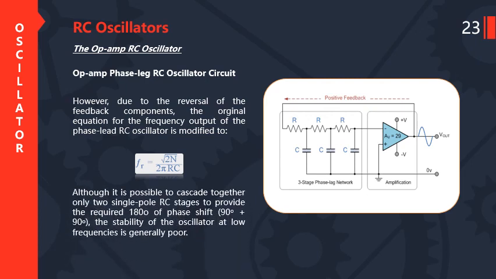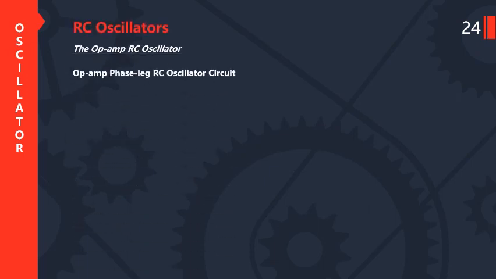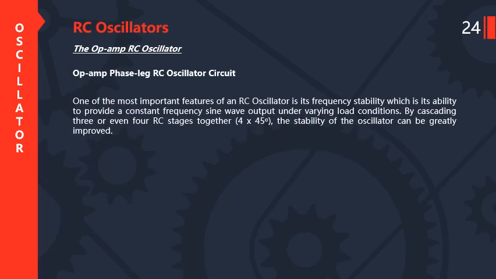Although it is possible to cascade together only two single pole RC stages to provide the required 180 degrees of phase shift, the stability of the oscillator at low frequency is generally poor. One of the most important features of the RC oscillator is its frequency stability, which is its ability to provide a constant frequency sine wave output under varying load conditions.